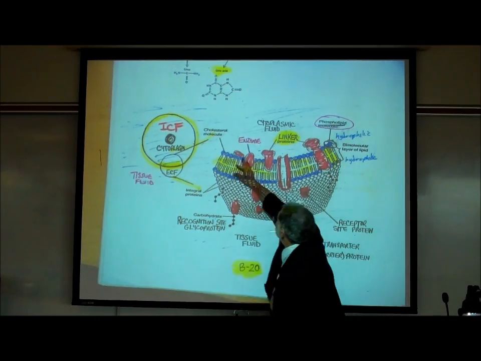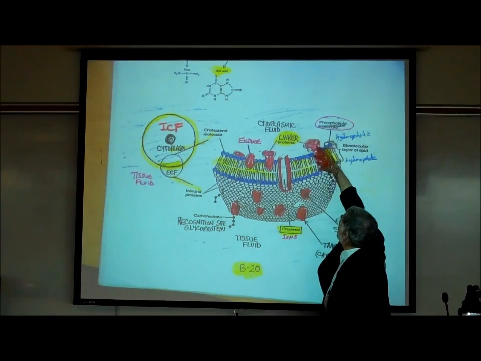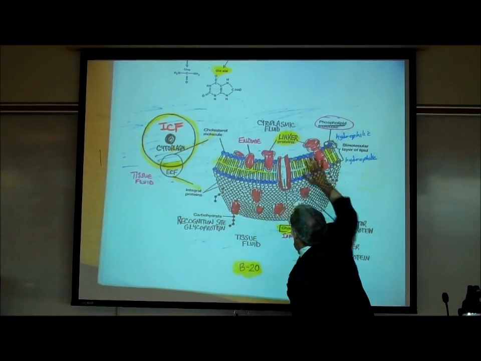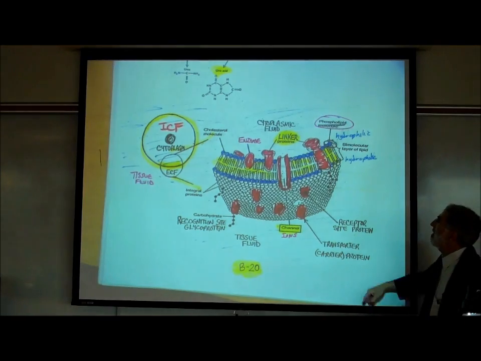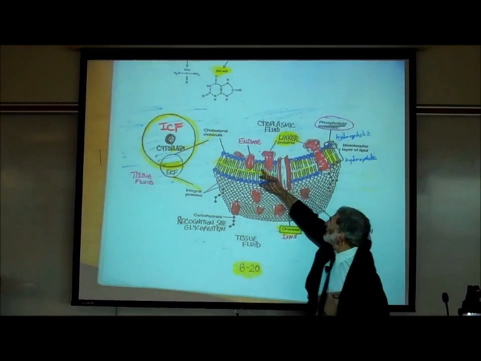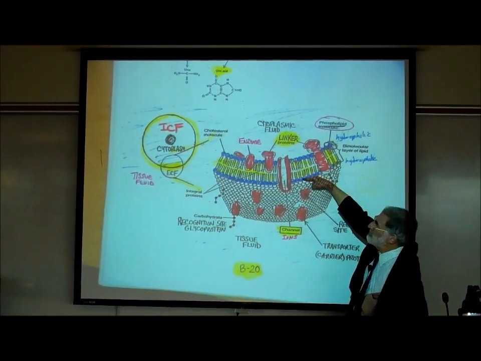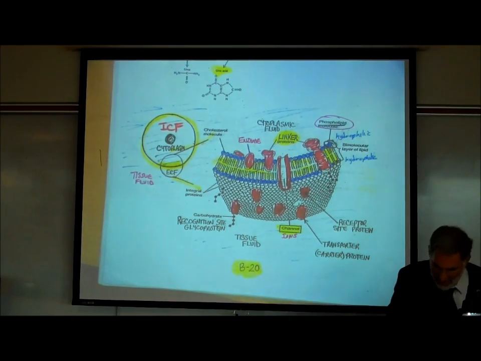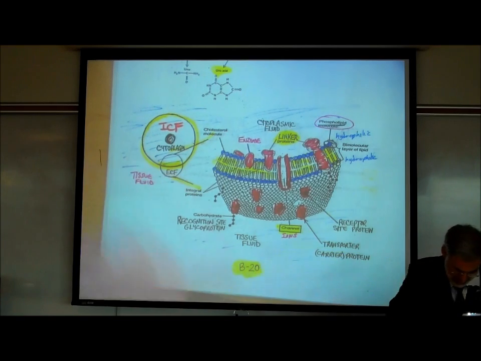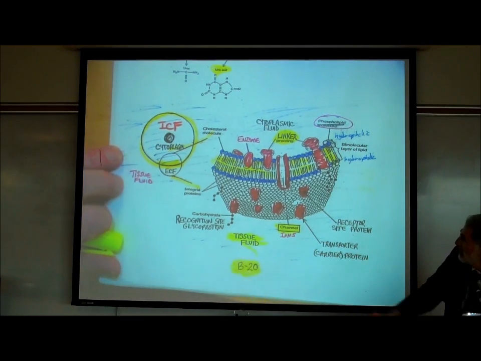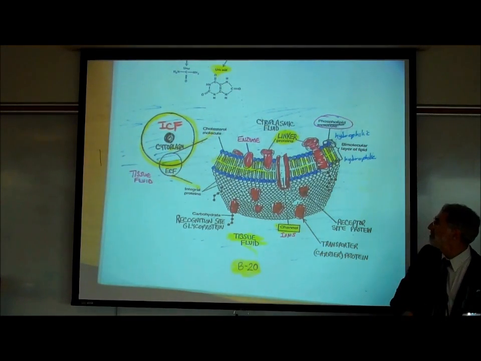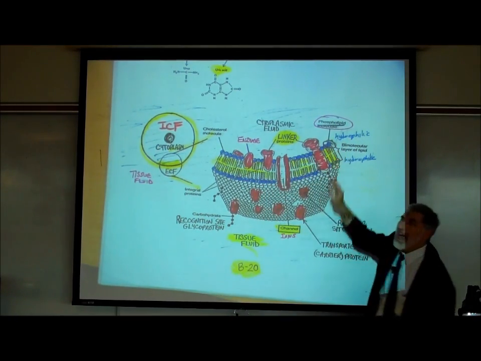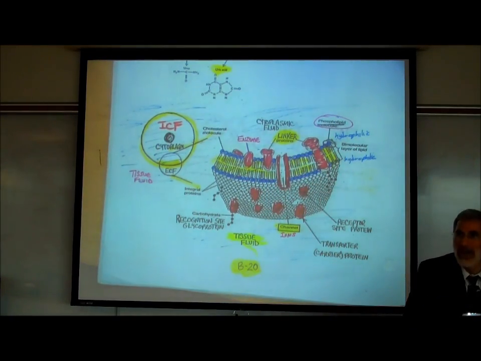So notice that the inner layer of phospholipids, the balloon part that likes water, faces the cytoplasmic fluid on the inside of the cell. And in the outer layer of phospholipids, the balloon part that likes water faces the tissue fluid on the outside of the cell. And what's in the middle is pure fat, all hydrophobic.